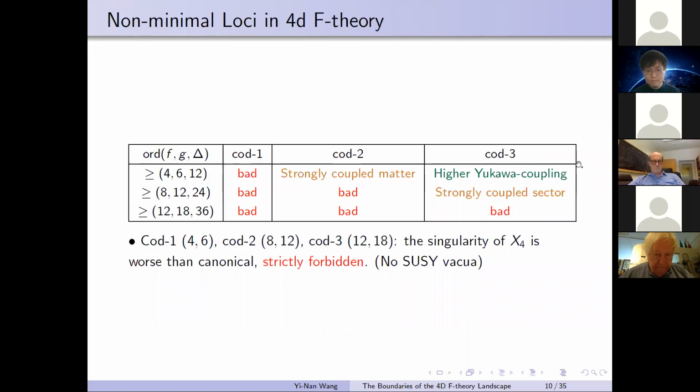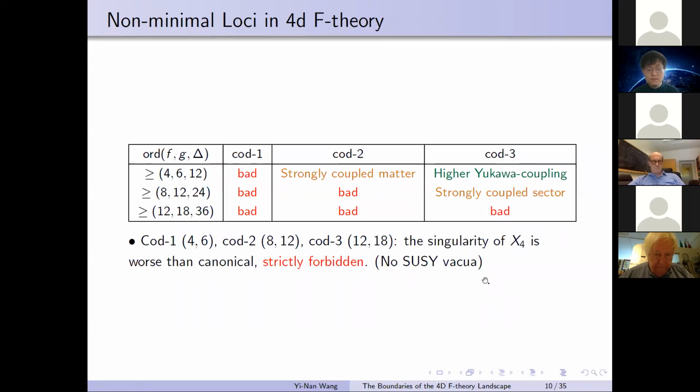Okay. So for example, if the order of vanishing on codimension 1, that's a divisor, is bigger or equal than 4, 6, and 12, or if the order of vanishing is bigger than 8, 12, 24 on a codimension 2 locus, or 12, 18, 36 on codimension 3 loci, then what happens is that the geometry of the Calabi-Yau fourfold is pretty bad in the sense that the singularity of X4 is worse than canonical.